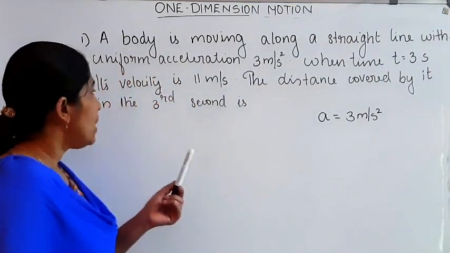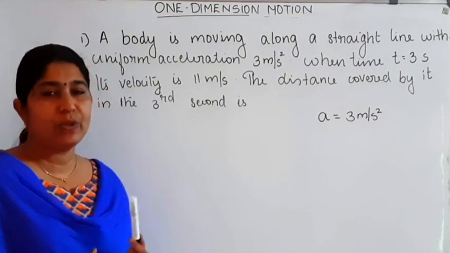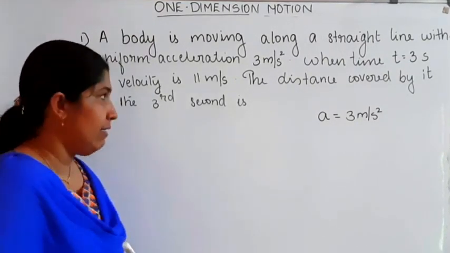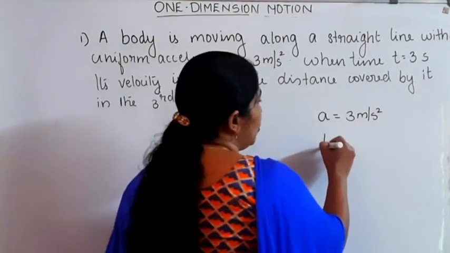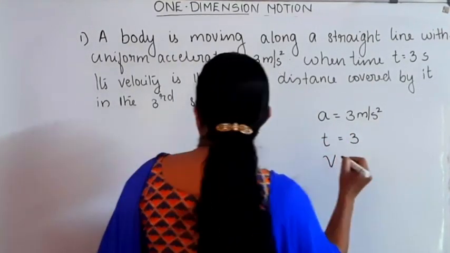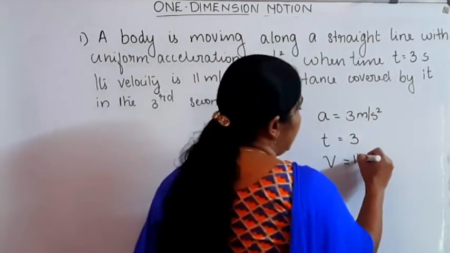So the velocity after time t equal to 3 seconds is given, v is equal to 11 meter per second.